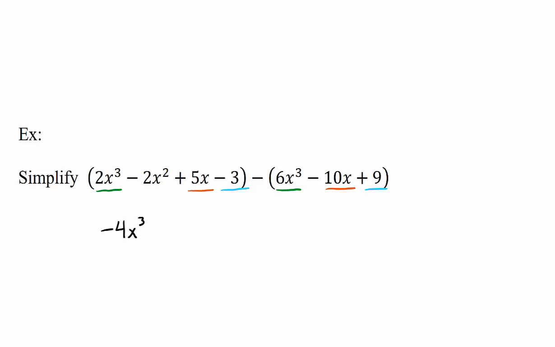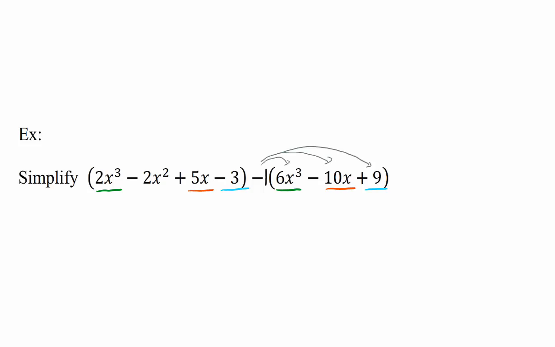The reason why I don't like doing that is because of subtracting this negative term right here. We often make mistakes when we subtract negatives, and so my solution around that is to put in the hidden 1 that is here and then distribute this negative 1 over every term in that bracket.